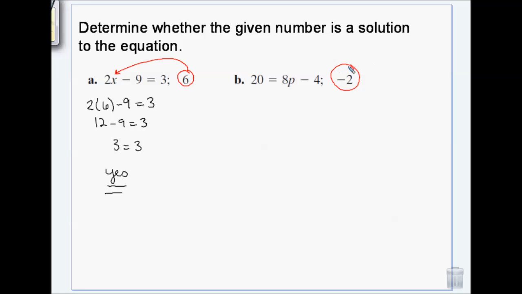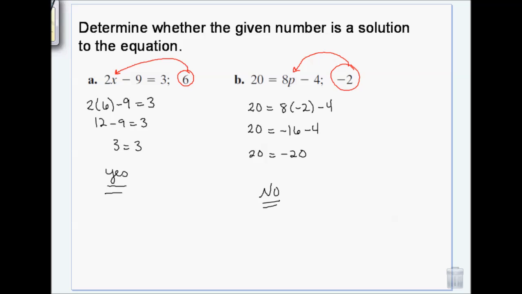I take -2 and plug it in for p. 20 is equal to 8 times -2 minus 4. So you get 20 is equal to -16 minus 4. 20 equals -20. No. So -2 is not a solution to this. Questions on that?